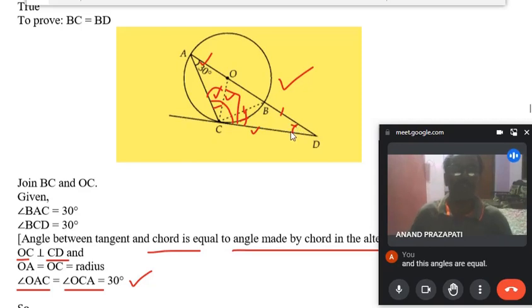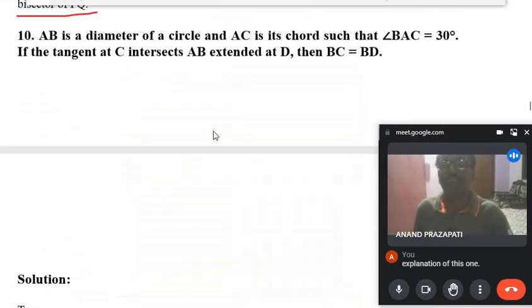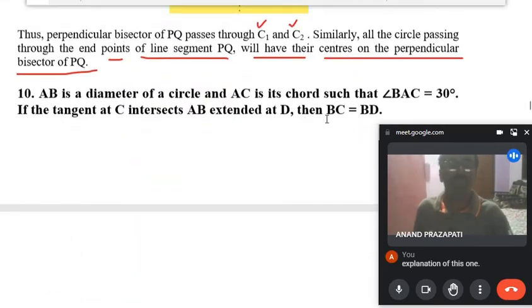So this is an isosceles triangle. The opposite side of this angle is BD and the opposite side of this angle is BC. Both BC and BD will be equal. So there is no problem to understand the explanation of this one. And here it is written BC equals BD. So this is a true statement.